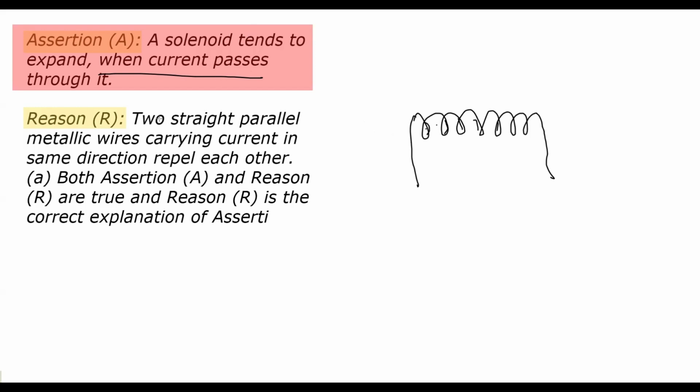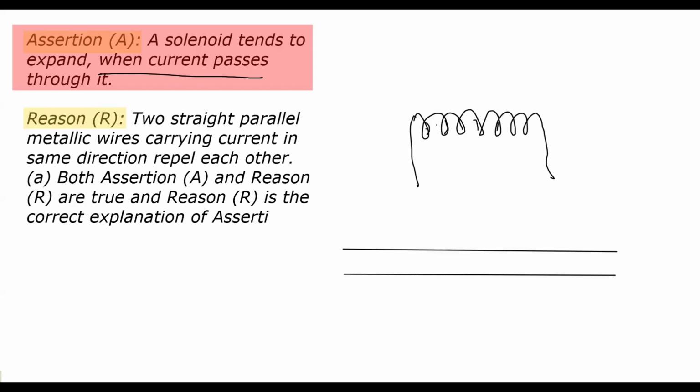Well, the reason says two straight parallel metallic wires carrying current in the same direction will repel each other. Let's say, for example, I take this as one wire and this is another wire.